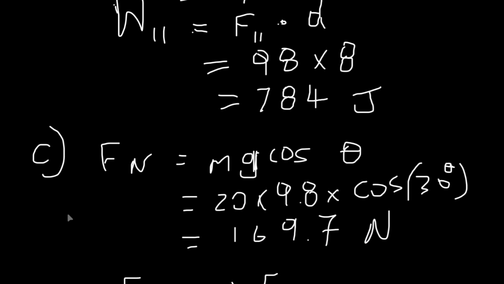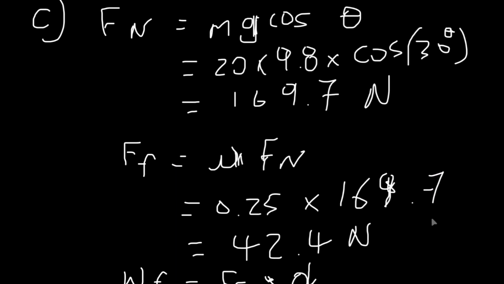Now, part C, we're trying to find the work done by friction. So first we look at what the normal force is. That's mg cos theta. Let's plug in numbers. That's 20 times 9.8 times the cosine of 30, and that gives you 169.7. The unit is newtons.